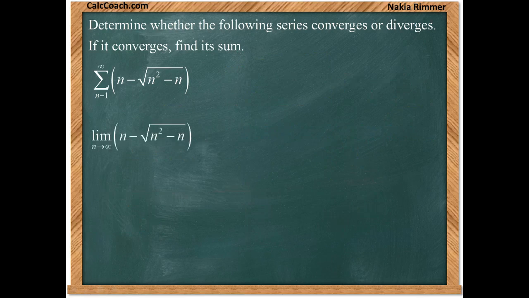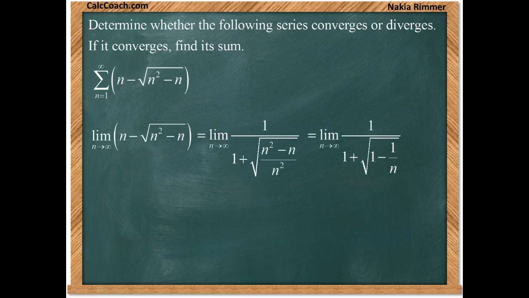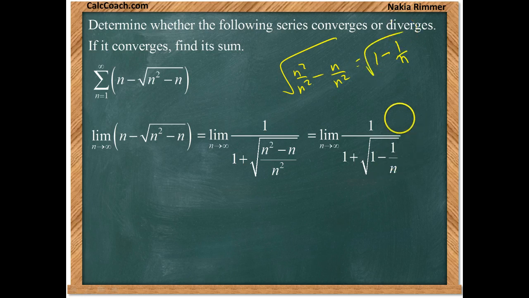So let's go to the next slide and flesh that out. We have n squared over n squared minus n over n squared underneath a radical, and that's 1 minus 1 over n underneath a radical. The purpose behind this method also is to get yourself a bunch of terms that you know go to 0.